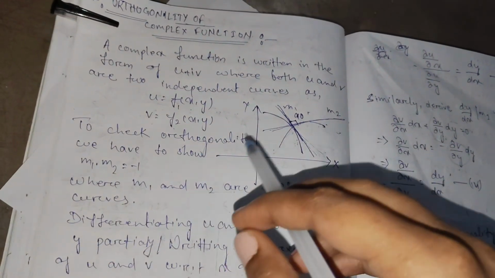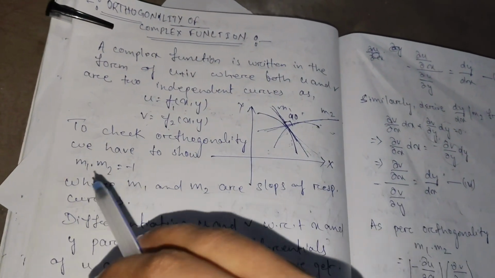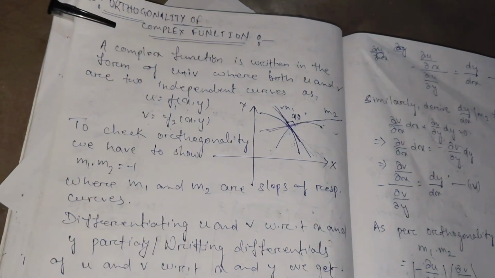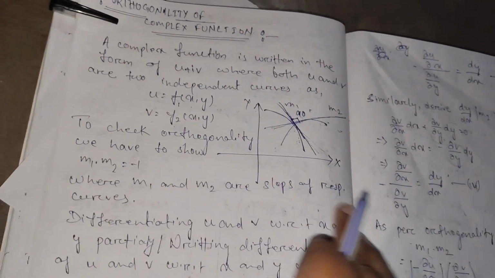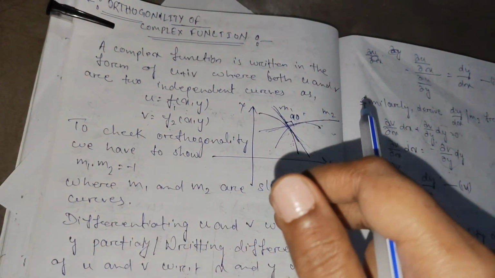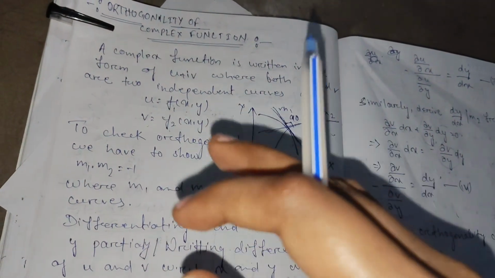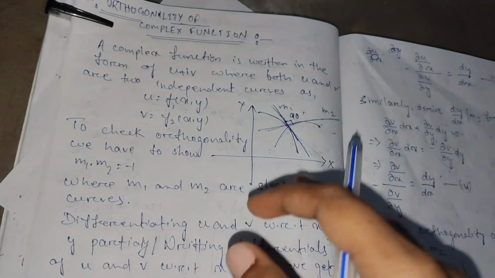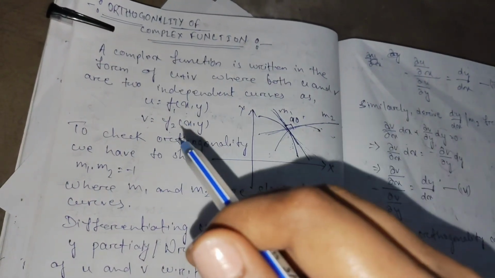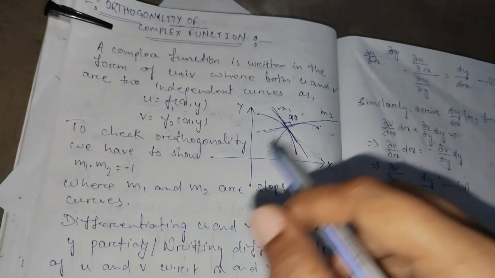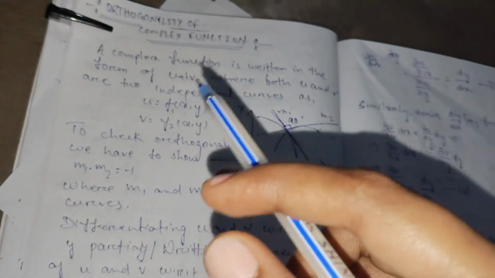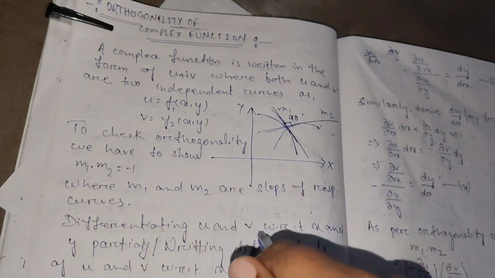To check the orthogonality, we have to show that m1 multiplied by m2 is equal to minus 1. There is a formula to check the orthogonal property of two curves or two lines: if the slopes of the lines are perpendicular to each other, then the lines or the curves are perpendicular or orthogonal to each other.